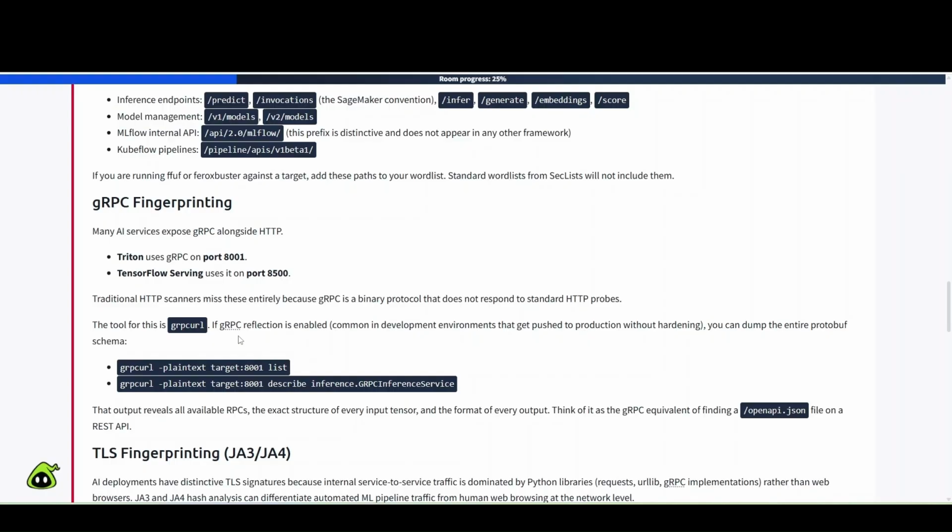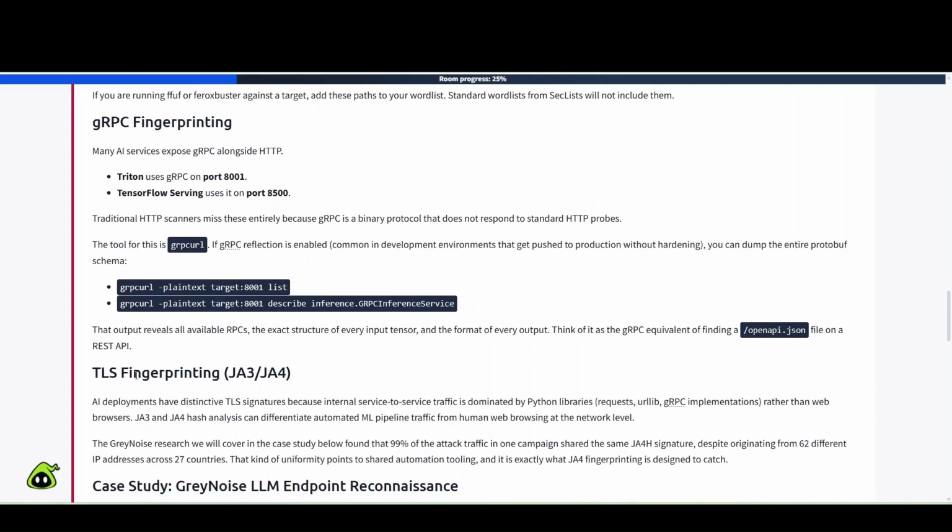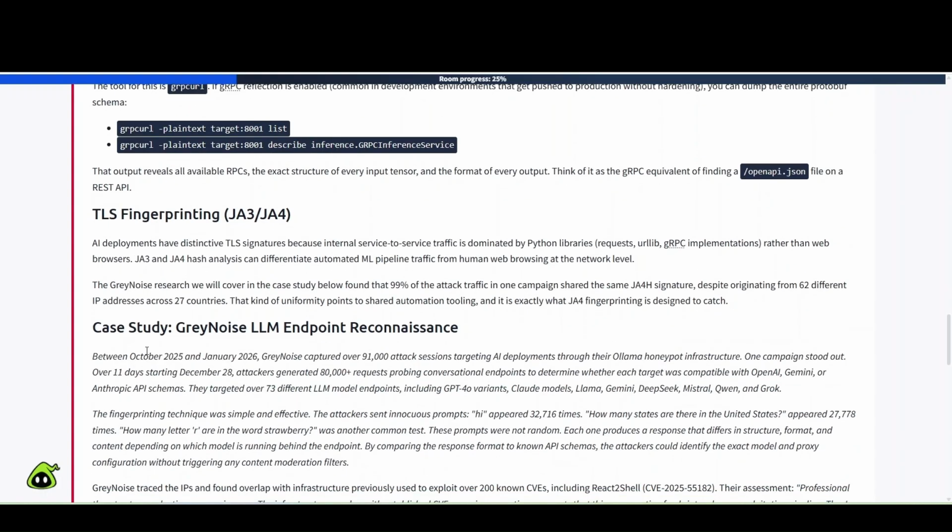If gRPC reflection is enabled, common in development environments that get pushed to production without hardening, you can dump the entire protobuf schema, which is this here. So grpcurl, plaintext, target, etc. And you can see the other one here. That output reveals all available RPCs, the exact structure of every input tensor, and the format of every output. Think of it as the gRPC equivalent of finding an openapi.json file on a REST API.